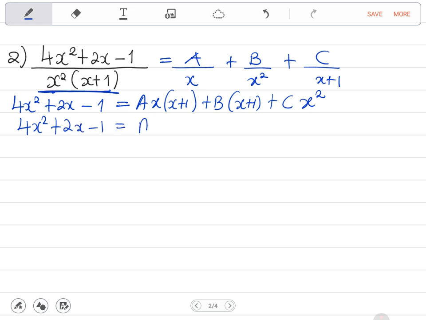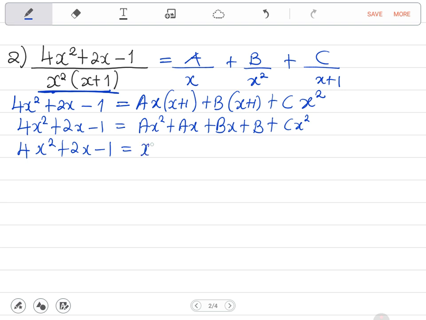If you expand, you get ax squared plus ax. Multiply here, you get bx plus b plus cx squared. Group those with squared together. There is a and c, meaning x squared is common.